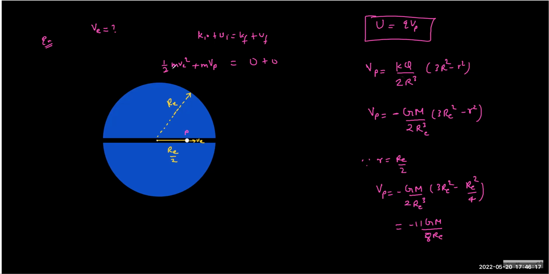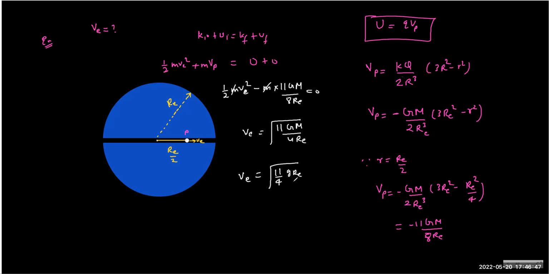And therefore, now we are good to write half m v square minus m into (minus 11 GM by 8 RE) equals zero, because it's minus. And now you can see that v square becomes 11 GM by 4 RE, which is like 11 by 4 g RE. And definitely it is more than the previous value, because this is more than 2, right? It's roughly 3 g RE, isn't it? Yes.